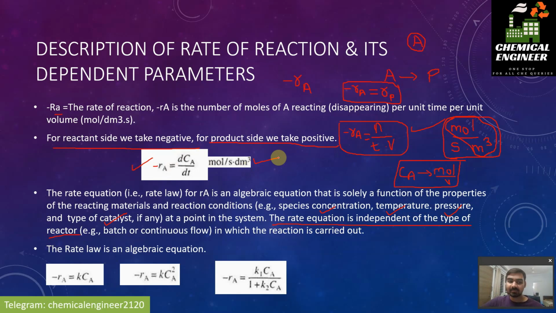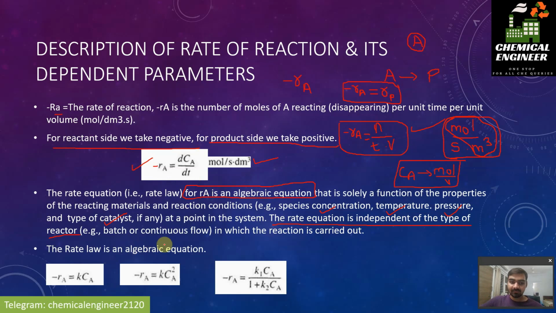We will see in upcoming videos various types of reactors, but this equation is applicable to each and every reactor as it is. Here, the first line is an algebraic equation, so you can solve it if you are doing mathematics.